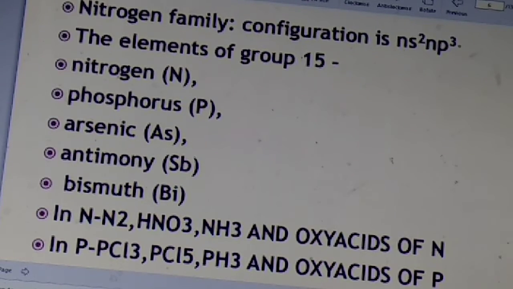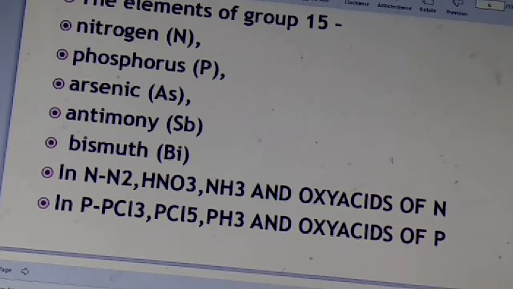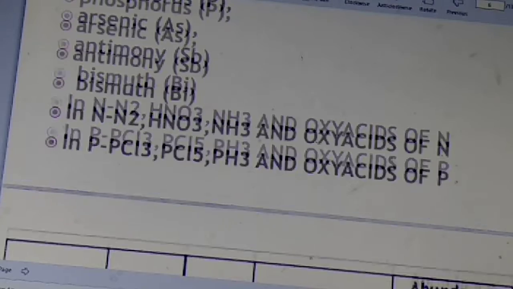In nitrogen, we have to study N2, HNO3 and NH3, and the oxoacids of nitrogen, that is HNO2, HNO3. In phosphorus, we have to study PCl3, PCl5, PH3 and the oxoacids of phosphorus, that is H3PO4, H3PO2, etc.